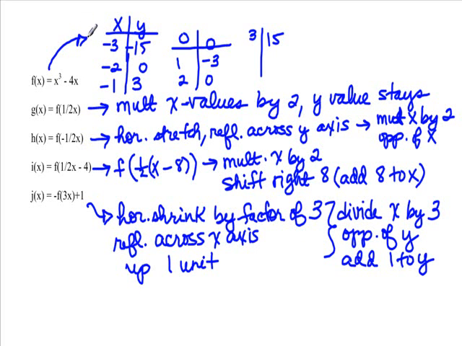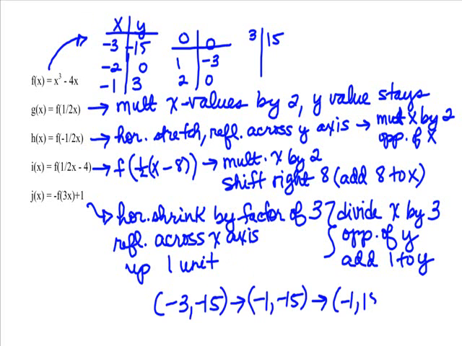So I'm talking about starting with those original points, like (-3, -15), taking it through this transformation. Dividing x by 3 would be (-1, -15). Reflecting it would be (-1, 15), and then moving it up 1 would be (-1, 16). So I want you to think about how you would have to go manually through those transformations.